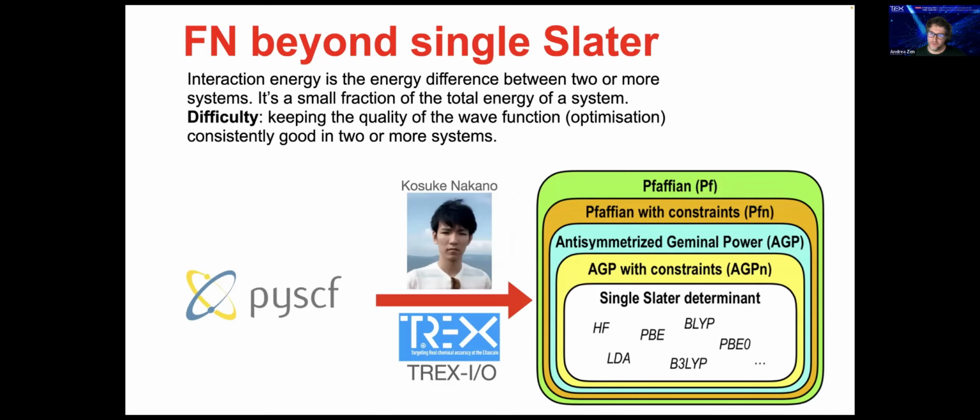There is a difficulty here in the evaluation of the interaction energy. Here we are taking the difference between two or more molecular systems where the total energy is much larger than the interaction energy. And so one has to be careful to have a description of the system that is consistently good for the difference. It depends not only on the quality of the ansatz, but also practically on having control of the optimization.